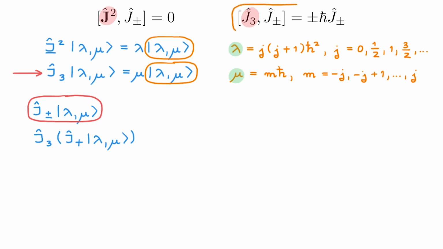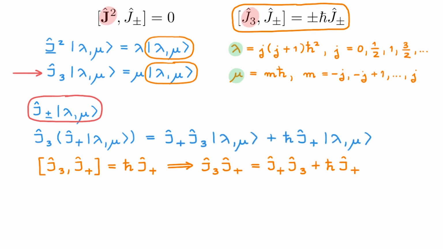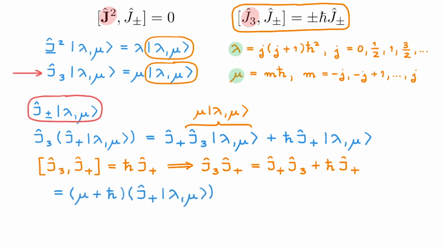And looking at the commutator up here, we can copy it, and we can rearrange it to J3, J plus is equal to J plus J3 plus h bar J plus. Using this expression, we get this. And here we can use the eigenvalue equation for J3 to get mu times lambda mu, so that overall we get mu plus h bar multiplying J plus lambda mu.